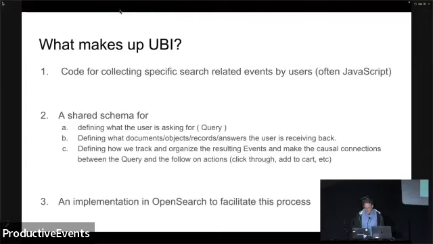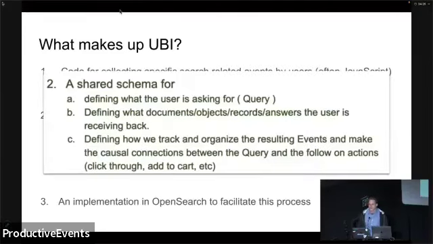So of these three things, though, one of them is more important than the other two. It's that shared schema, right? And this is where we're really hoping to get a lot more input from the community. Is this a schema that you could use? Is this something that makes sense? Are we rich enough in the places we need to be really rich?